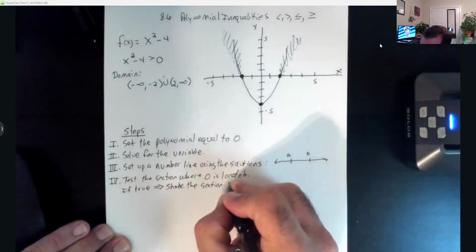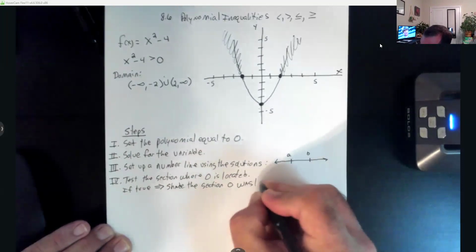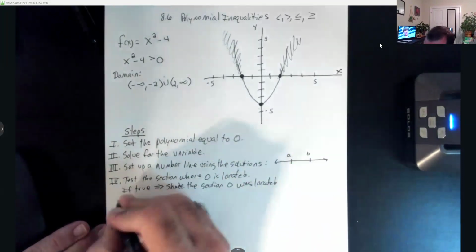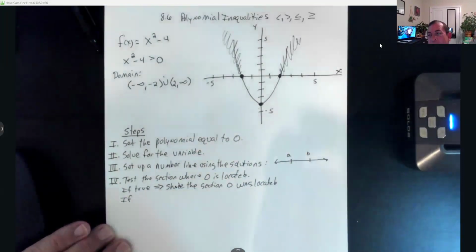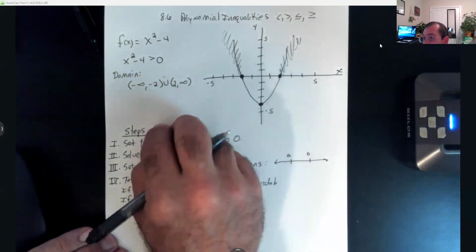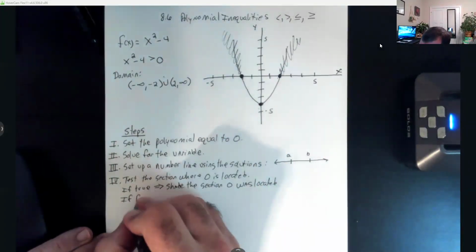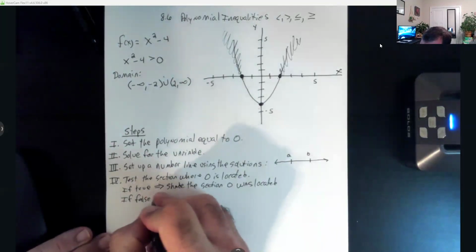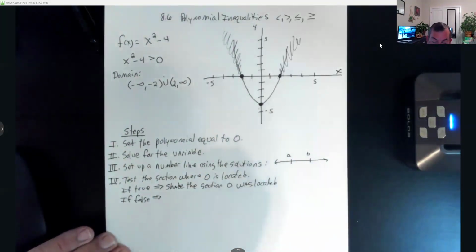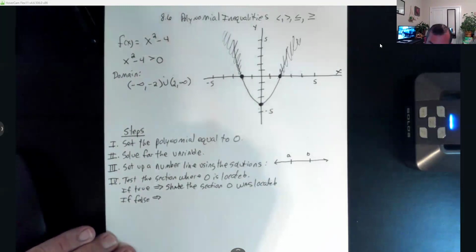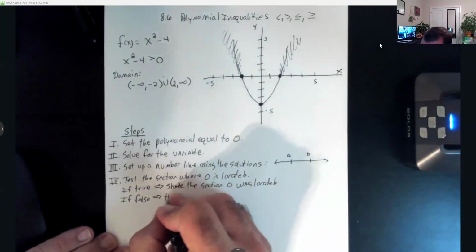So shade the section 0 was located. If I plug 0 into my polynomial and it's false, then I do not shade the section.